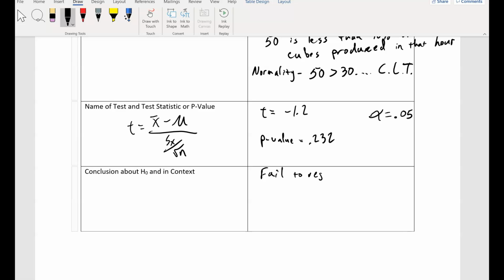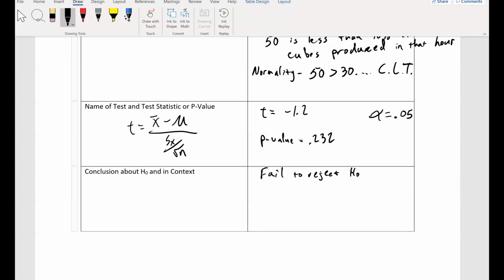Okay, be careful with the language you use here. I'll often have people say that we proved H0, or we have convincing evidence that H0 is true. That's not what happened here. Right? We do not have convincing evidence. Right? We were looking for evidence that H0 was not true, and we don't have that.